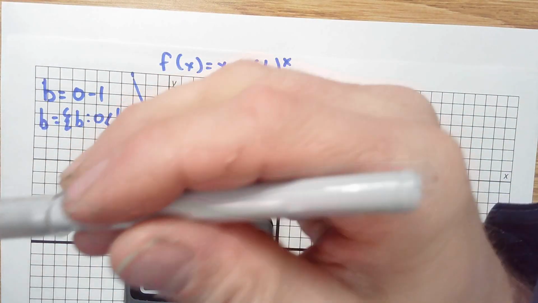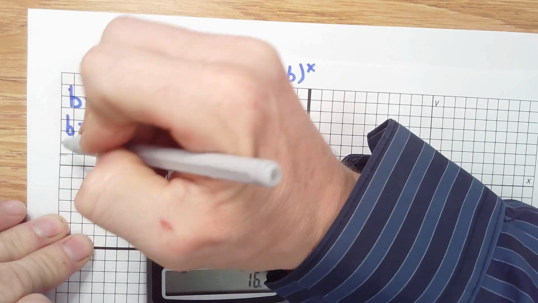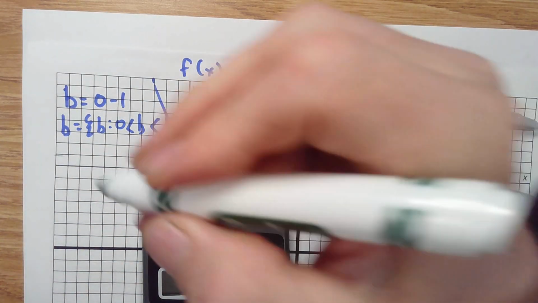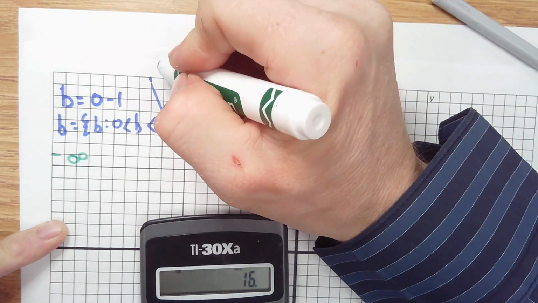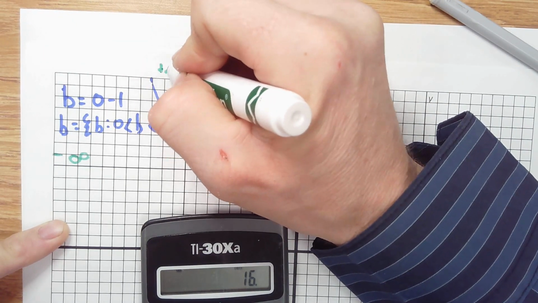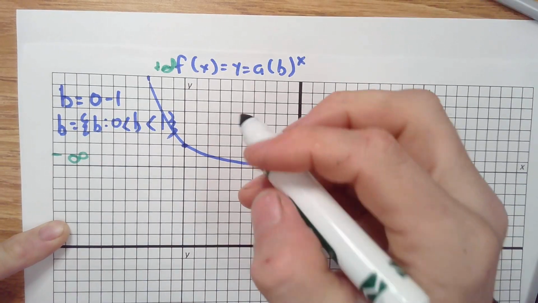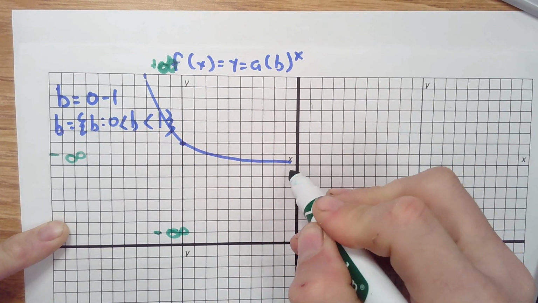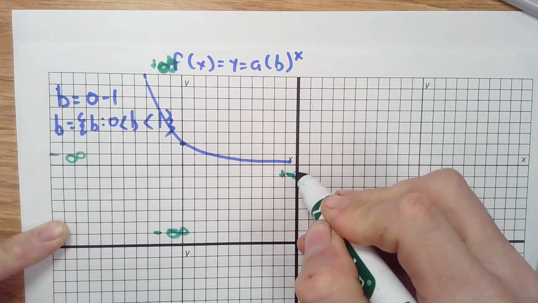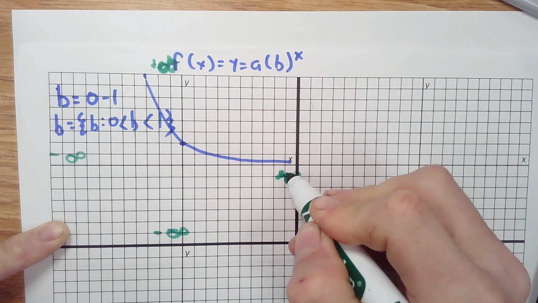So if I have negative infinity for x over here, and then I have positive infinity for y. That's a really bad infinity sign. And then negative infinity for y, and positive infinity for x over that way.